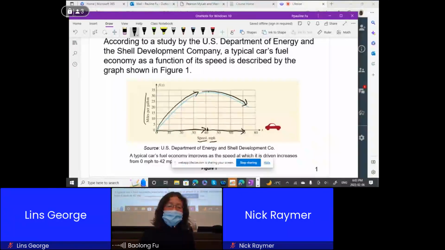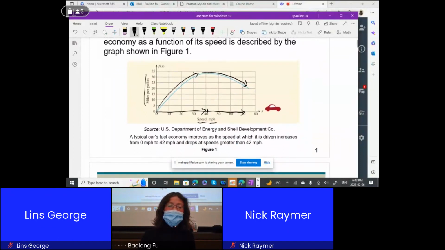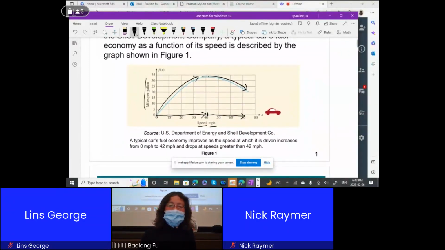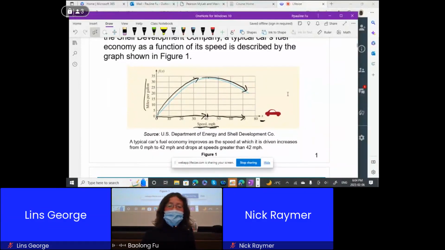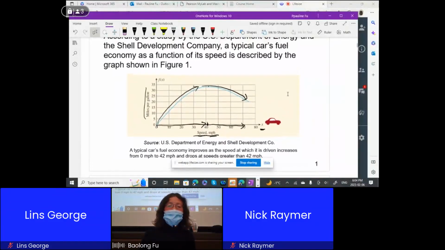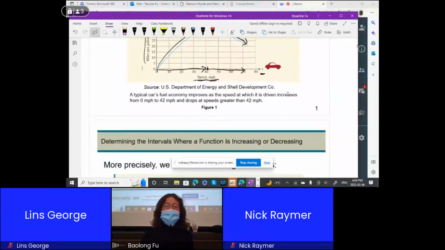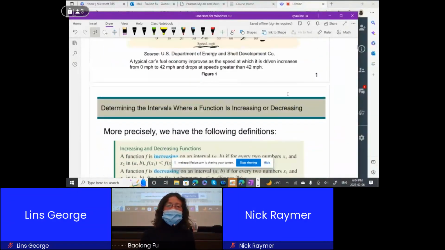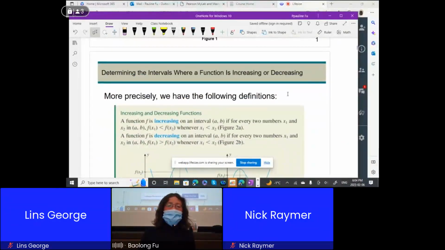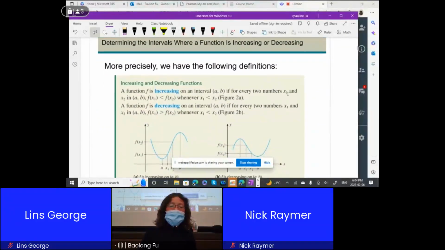So this is the relationship between the speed, which is x, and miles per gallon. It is like a parabola, a second degree polynomial. From this example, we introduce increasing functions.